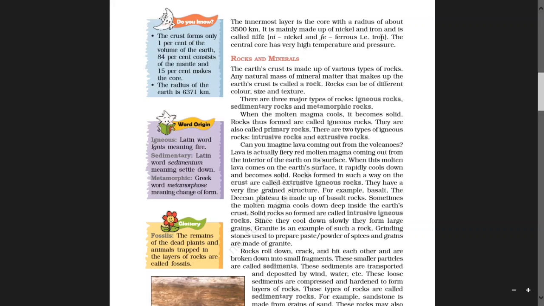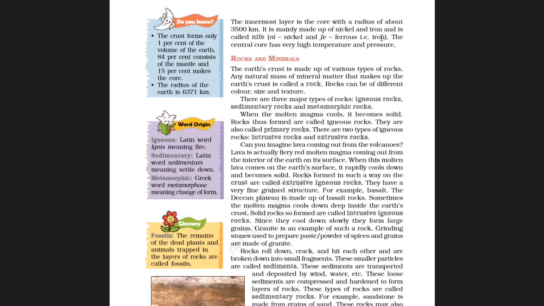So, boys, the innermost layer of the earth is the core, which has a radius of about 3,500 kilometers, and this layer is mainly made up of nickel and iron, which is known as NiFe.